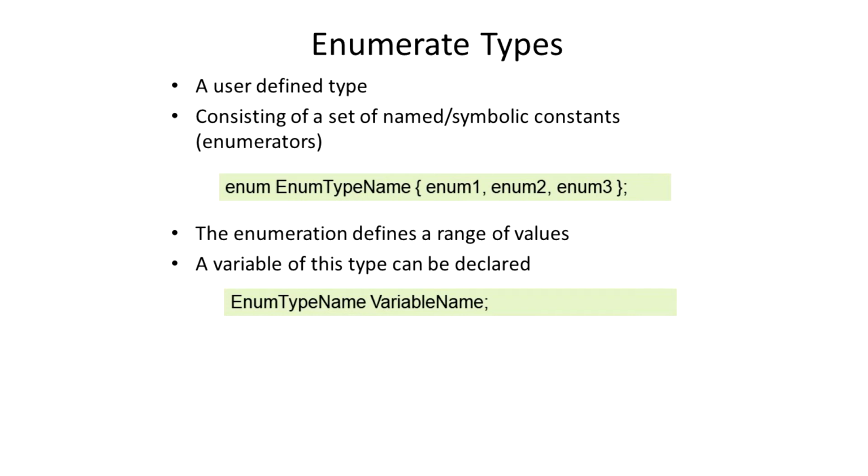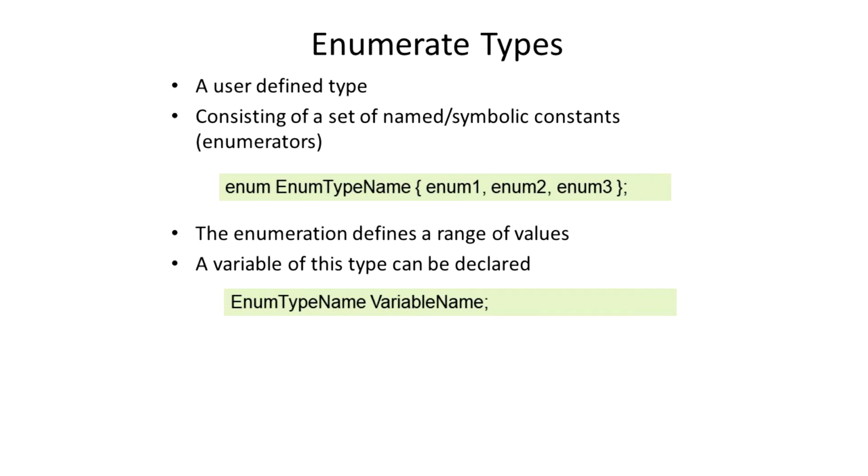Let's move on now and have a look at the next topic, which is enumerate types. You might have met these before, but if you haven't, enumerate types are a handy way to define a custom type which has a defined and limited range of named constants. Now, these go by lots of different terms.